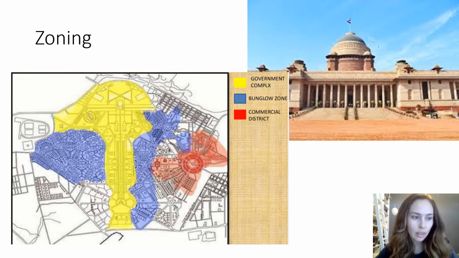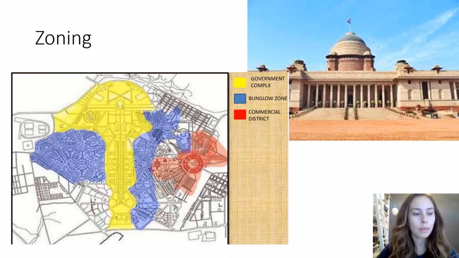The blue area, the bungalow zone, refers to the bungalows that lie south of the central vista, and no building height was supposed to dominate the tree height. The commercial district has a radial pattern, as you can see in the center there, and it consists of Connaught Place, the inner circle and outer circle, and adjoining areas like Kasturba Gandhi Marg and Barakhamba Road.